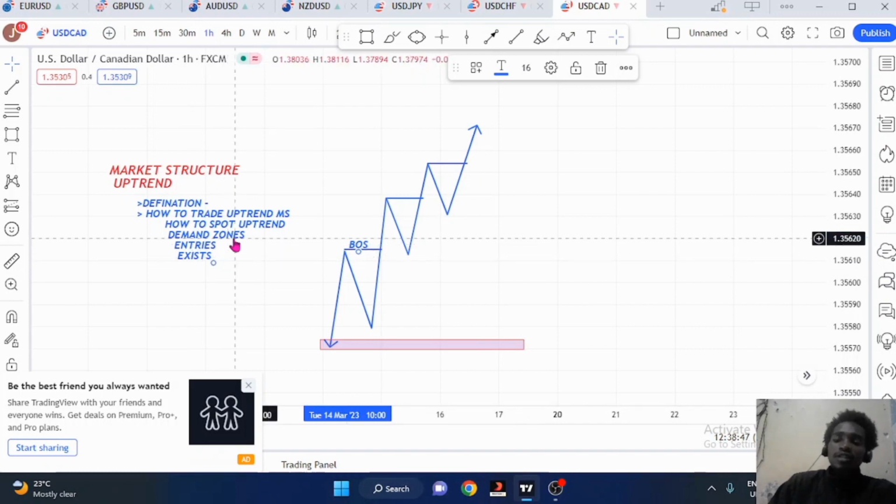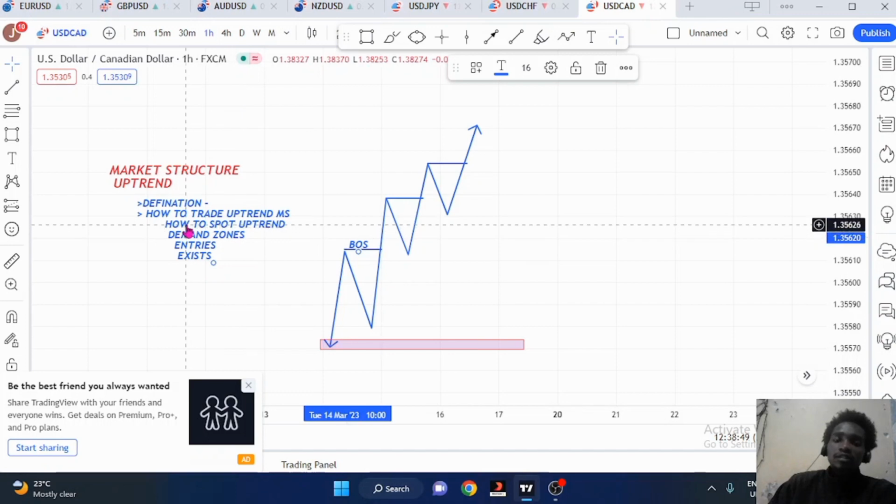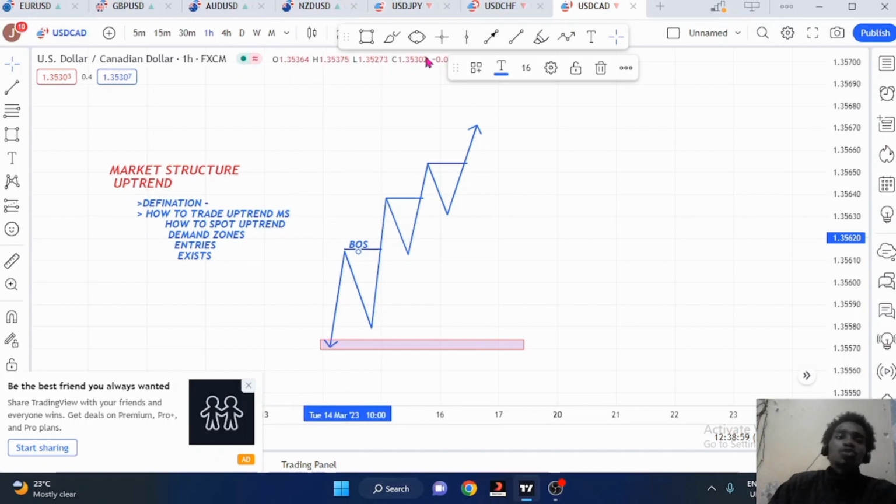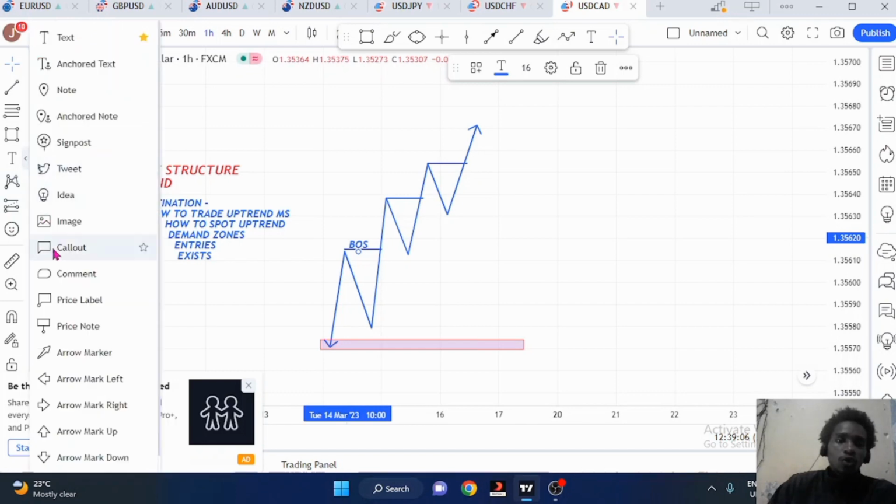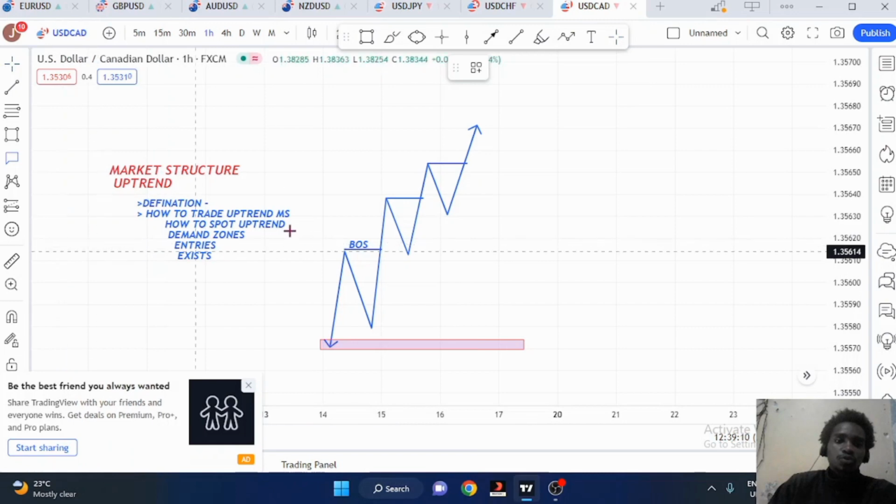Now, let's go back to the first thing: you have to know how to spot an uptrend market. And how do you spot it? It is very easy. This is how to spot an uptrend market.